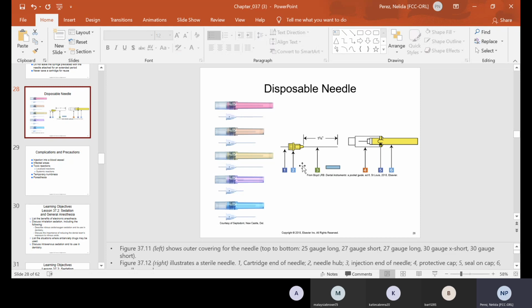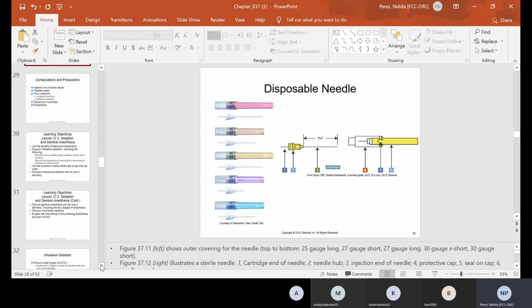I will show you how to recap, whether we have a safety to use, or if you don't have a safety, how the end of the cap of the needle is flat and you just stand it up and put the needle right in without using your other hand. Because again, if you slip and the needle goes in your finger, that's a whole different situation, and you don't want to get into that, okay?